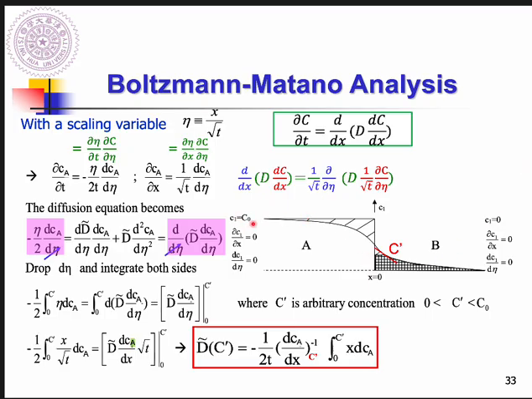So instead of using c0, I use c prime. C prime can be any concentration ranging from 0 to c0. So the bottom limit is 0 and the upper limit is c prime. The same idea, c0, c prime. Integral here, so I got this.